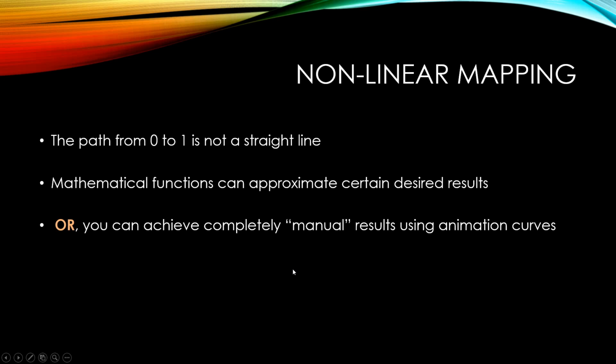In nonlinear mapping, the path is not a straight line. This allows you to use mathematical functions that can approximate the results that you're looking for. Or if you'd like to have complete control over the results, you can use Unity's animation curves. I will show examples for this in a little while.